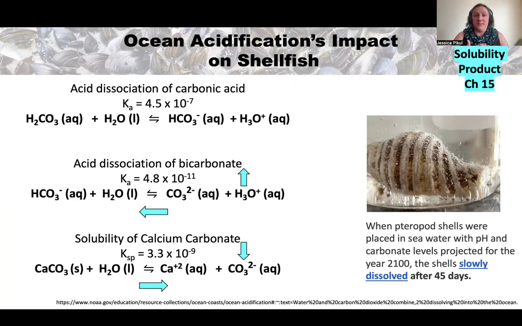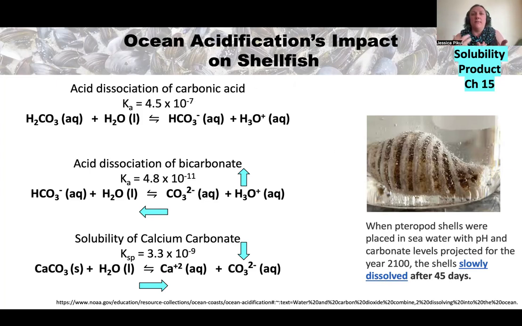It's 3.3 times 10 to the negative ninth. This is its solubility product. So if we think about that equilibrium between the solid calcium carbonate and the dissolved calcium and carbonate ions, as the CO3 2 minus, the carbonate ion concentration decreases as the previous equilibrium shifts, we're going to see that the calcium carbonate equilibrium as a solid to the ions has to shift to make more calcium and more carbonate to maintain that balance that's described by the Ksp.